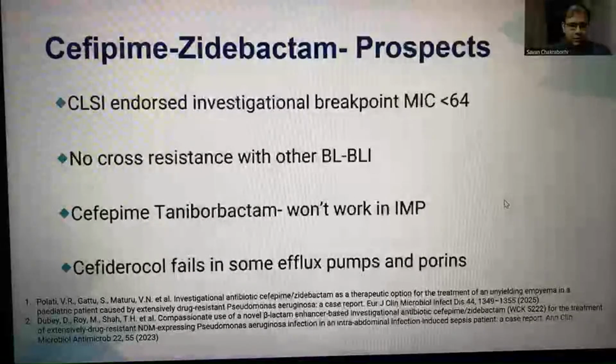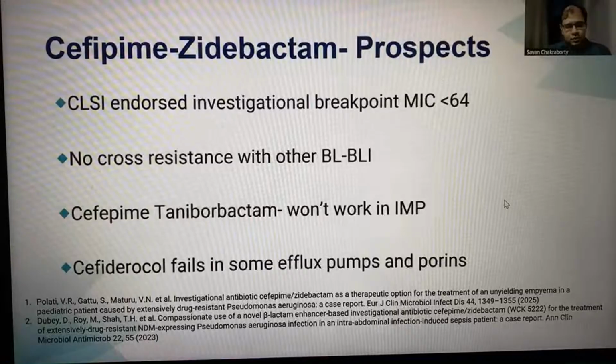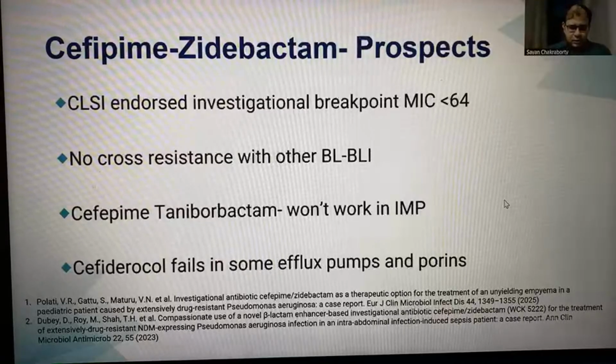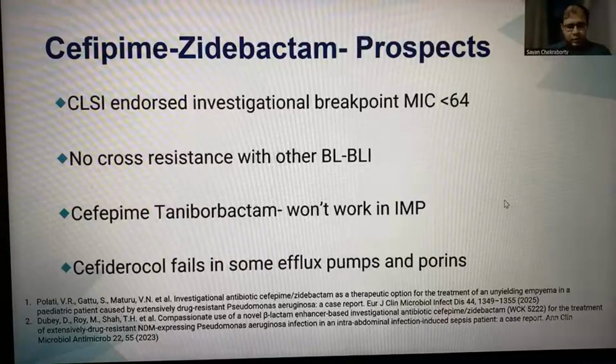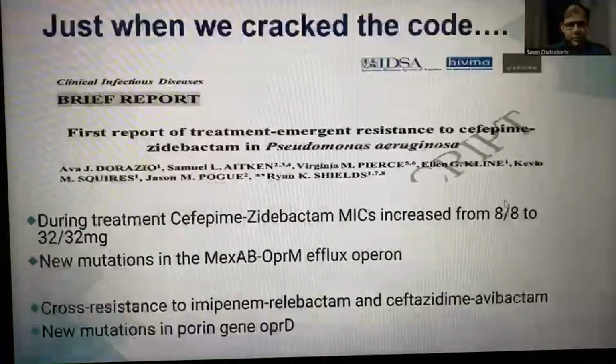CLSI has already endorsed it. There is apparently no cross resistance. There is another molecule, cefepime taniborbactam, which usually doesn't work with IMP, and cefiderocol, which I'll be discussing again. This is another drug which can be used in Pseudomonas and E. coli and all, but it also fails in some cases.